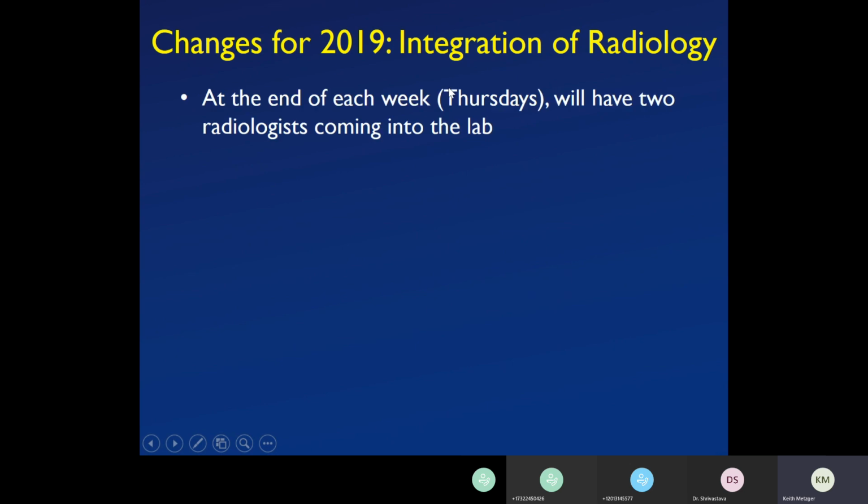So this is something that we really did not do that well last year. And what we're finding is that our students are now coming into the systems-based courses not understanding the basics of even looking at a CT scan. I'm not really too worried that they can do in-depth interpretation, but I want them to be able to walk up to a chest X-ray and have an idea of how to orient themselves to it.